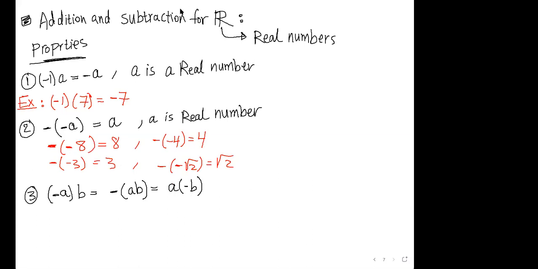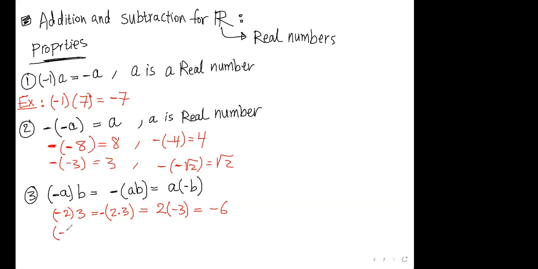Example for that: take minus 2 as A times 3. This gives the negative outside, 2 times 3, and this is equal to 2 times negative 3. All of them are equal, and the answer is minus 6 for all of them.